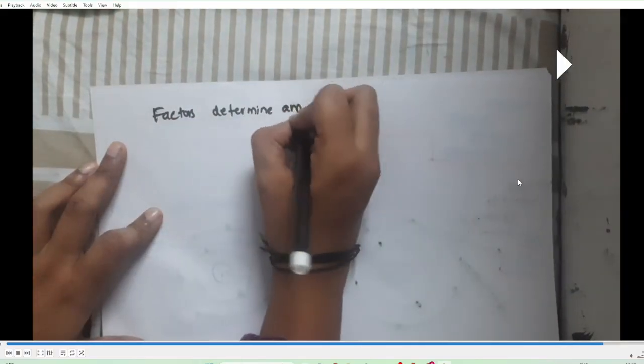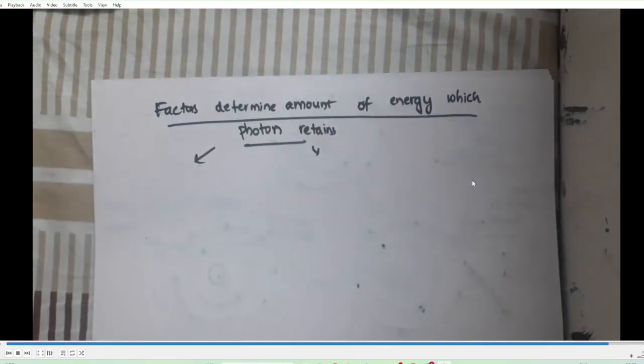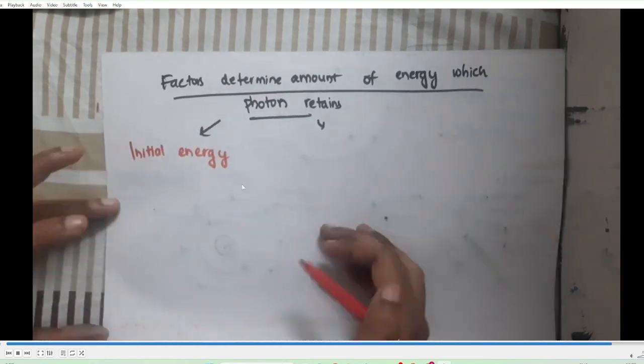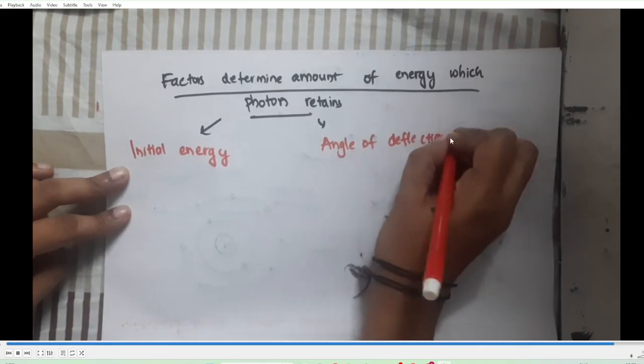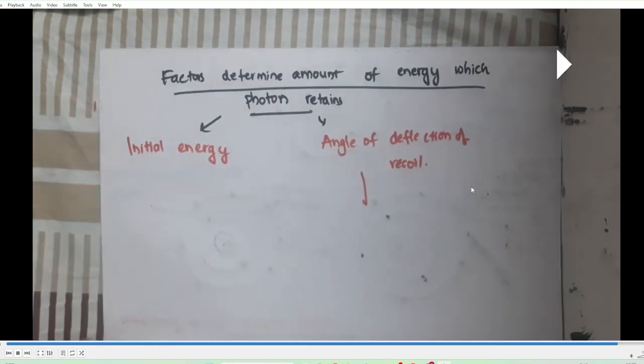The factors that determine the amount of energy the photon retains are two: the initial energy and the angle of deflection.